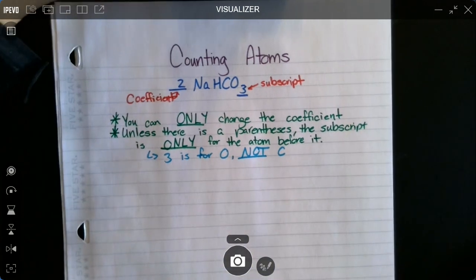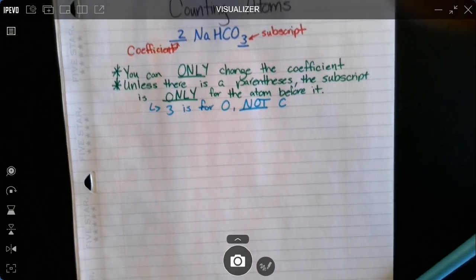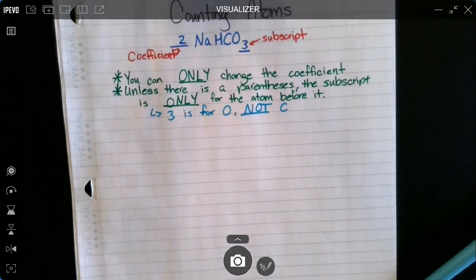But we're going to write down some rules of things to follow or things you might see and how to deal with them, and then we'll do some examples. After we know how to count, we can do balancing. So rule number 1.